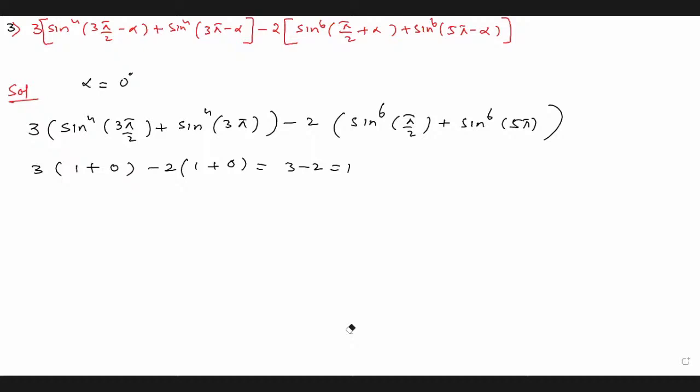If I substitute 0, you should know one thing: sine n pi by 2 value is equal to 1, sine n pi is equal to 0. So it becomes 1 power 4, 1, 0 power 4, 0, minus 2 into 1 power 6, 1, 0 power 6 is equal to 0. Copy this one. And let us take the fourth problem.